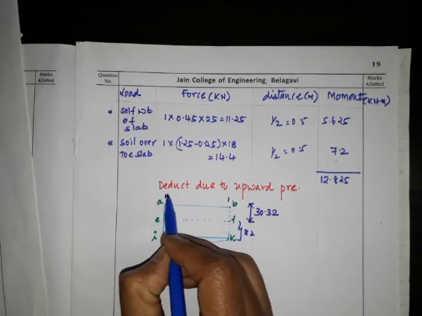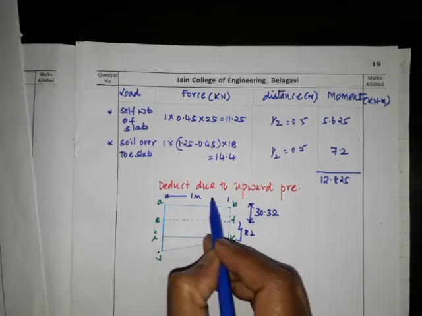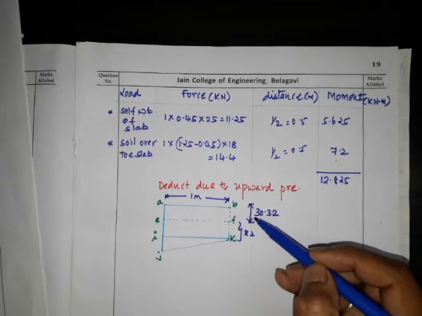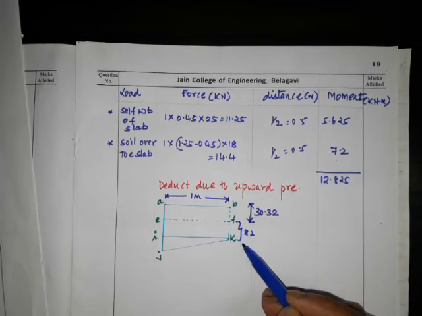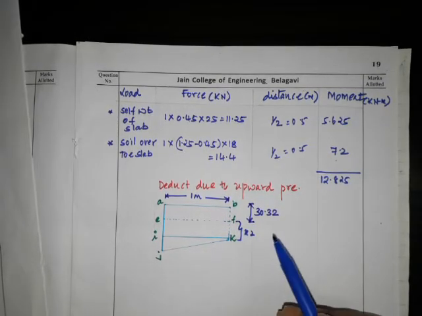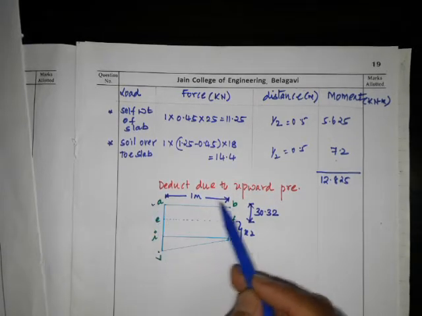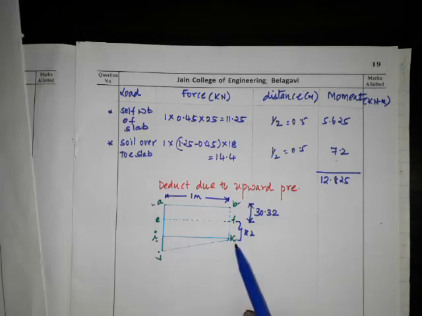This is 1 meter. The toe is 1 meter. 30.32 and this height is x2. Understood? So we have to consider the main is A, B, I, K, that is the rectangular portion, and I, J, K, triangular portion. Understood?